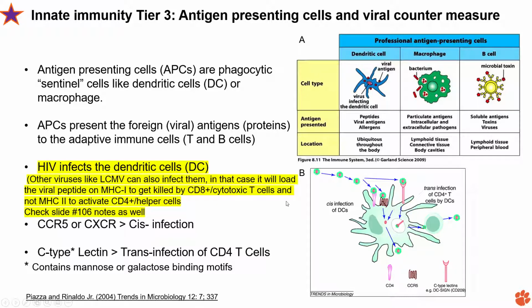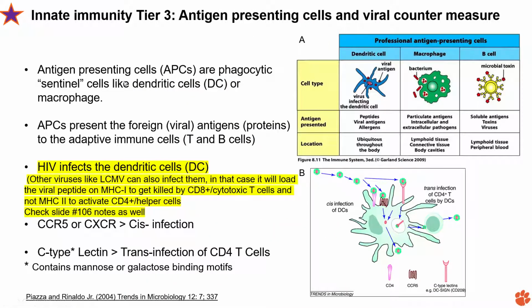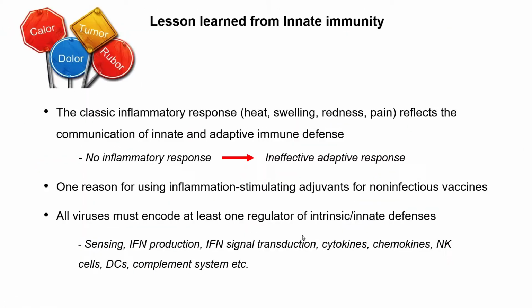How does it do that? Instead of loading the viral peptide onto MHC2, it will load it onto MHC1. And then it can get killed by CD8 cytotoxic T cells, or even by NK cells, if it's loaded onto an MHC1. So that's the important part, and we will revisit this question somewhere else, on slide 106. We'll come to that.